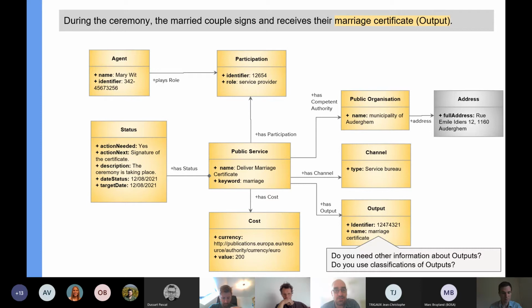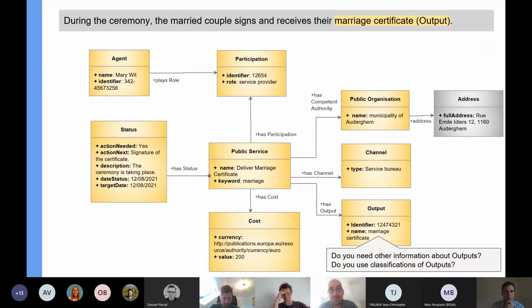The marriage certificate is still one of the cases where you hold a document and it has the value, but there are a lot of other cases where, for example, if you have a baby and you register the baby, you get a birth certificate, but the most important point is not the birth certificate, it's the fact that the baby is registered in the register and has a NISS.